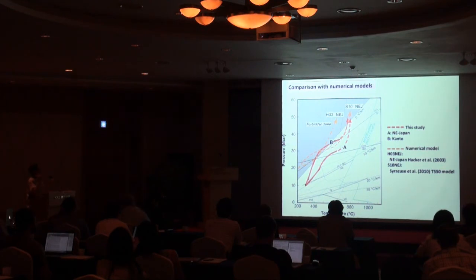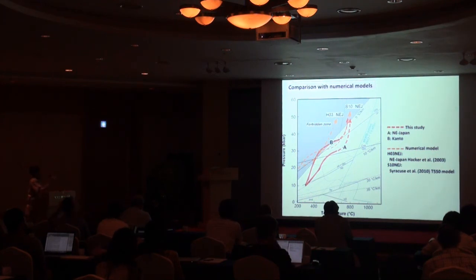Hacker's model is very famous, but it is an old model and tends to give very low temperatures for Northeast Japan. The newer model yields higher temperatures, but still lower than this study. But the heating along this depth is similar to our result.